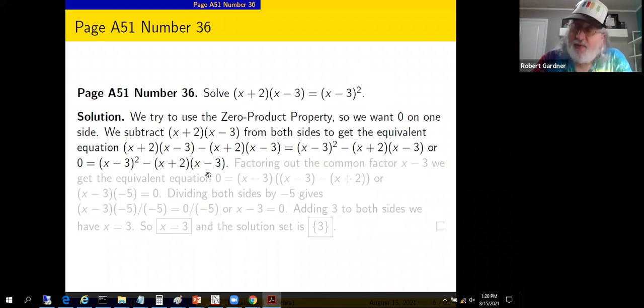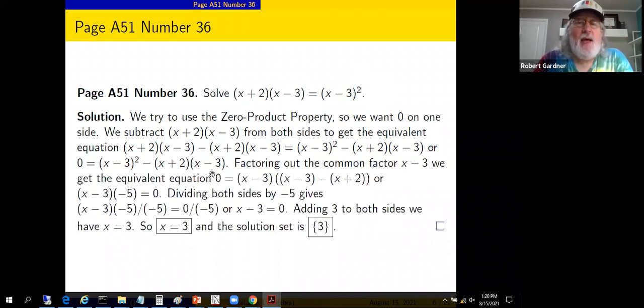And as discussed previously, it's justified by the manipulations we've described. So no matter how you slice it, get 0 on one side, that will produce something of this form. How about we factor out x minus 3? There's an x minus 3 in this and an x minus 3 in that, in the first and second terms as the terms are multiplied.